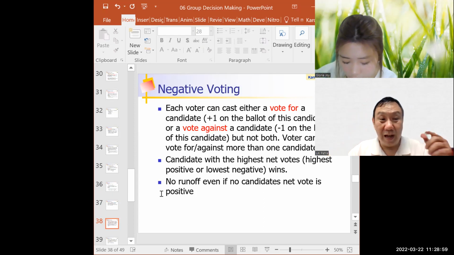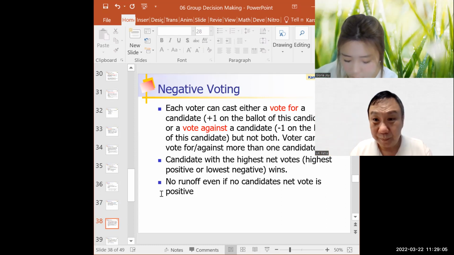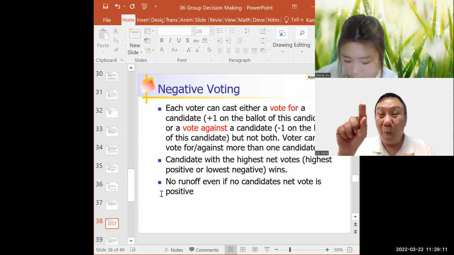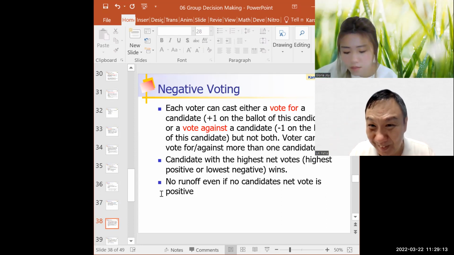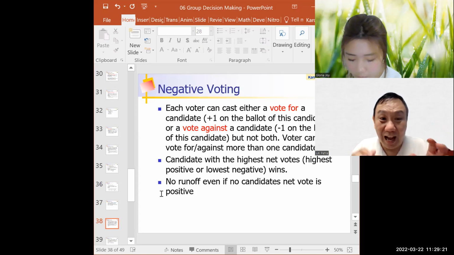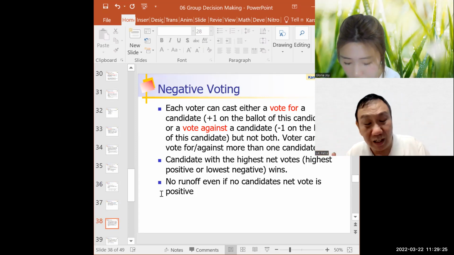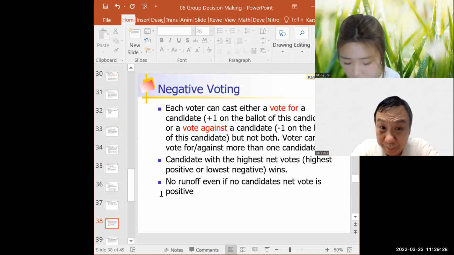So unlike the cumulative voting, this is similar to plurality 1-to-1. But in plurality it is 1 and 0, right? Here it is positive and negative 1. Is it clear or not? So the candidate with the highest net vote, the highest positive or the lowest negative, will win.